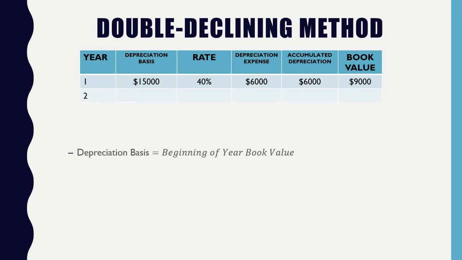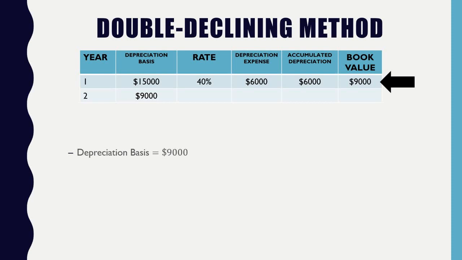At the end of the first year, your book value is $9,000, and your ending becomes your beginning, because the end of year 1 becomes the beginning of year 2. So we take this $9,000 and plug it into the depreciation basis. Then we need to solve for the rest of the columns.